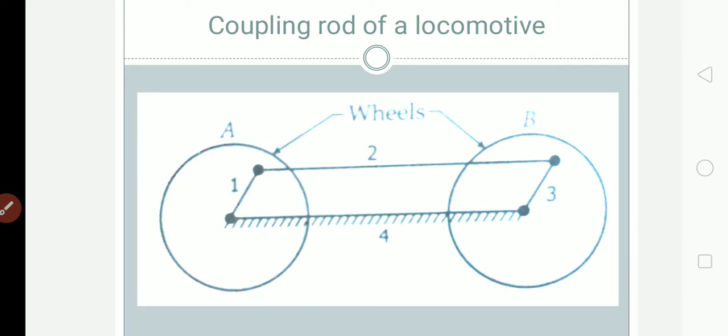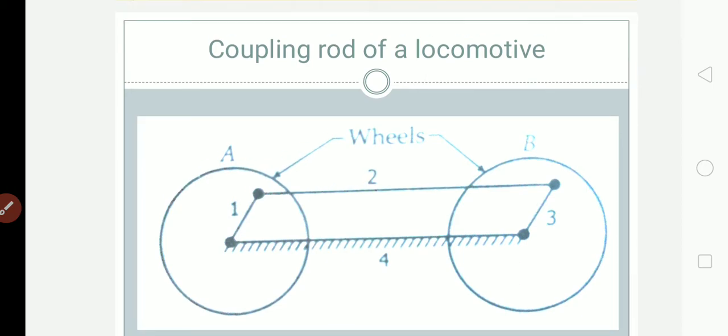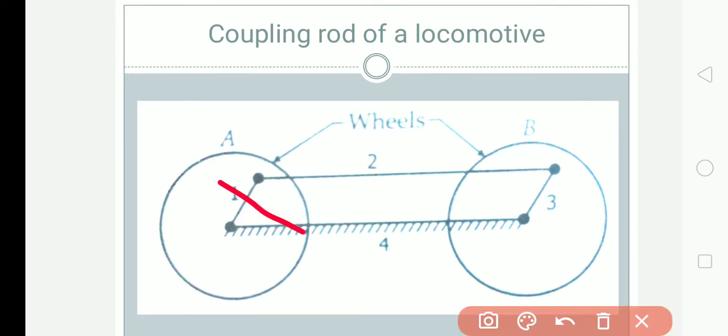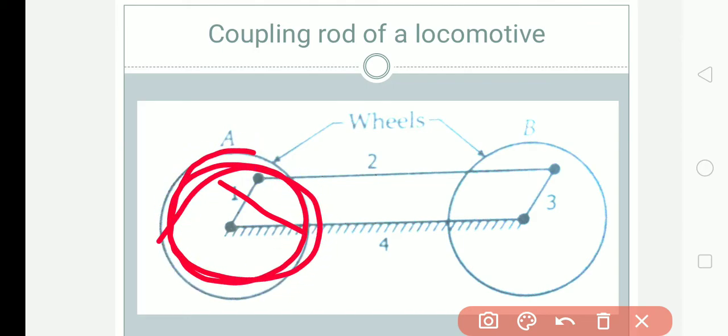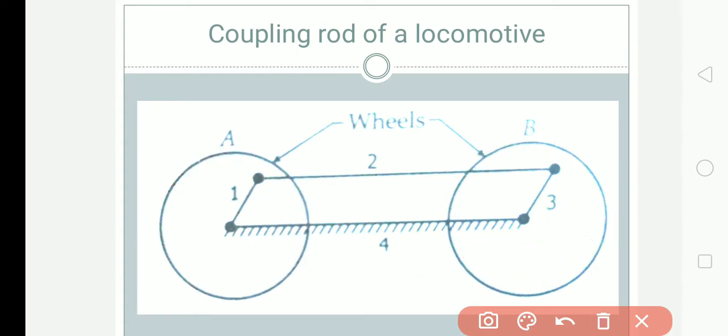You can see we have four links. Link number one, which is the rotating member. The rotation of the link number one is along the circular path. Then we have the link number 3, that is another rotating member, whose rotation is along the circular path. And we have a fixed link, which is named as 4 here, and we have the connecting rod, which is named as 2 here. So what happens here?